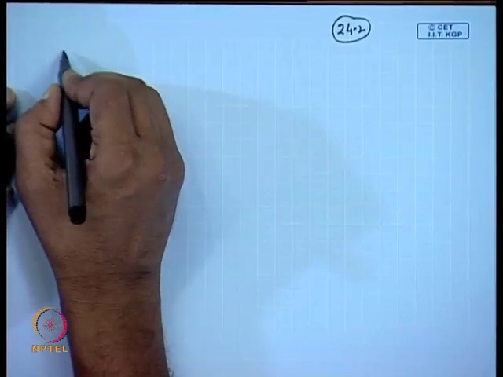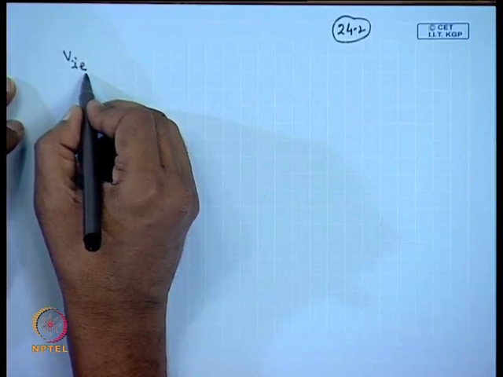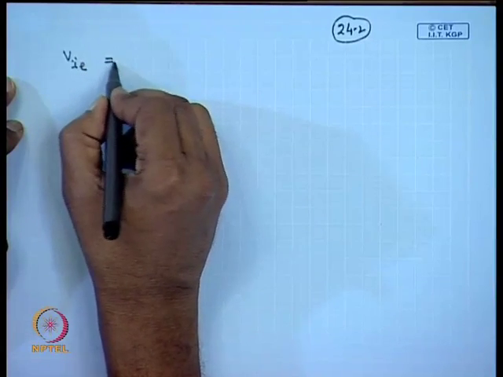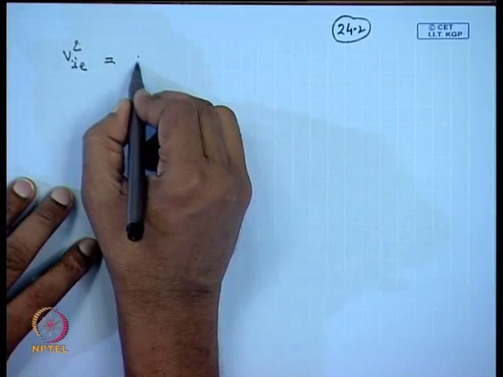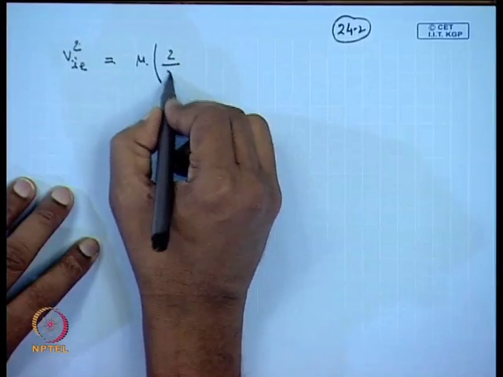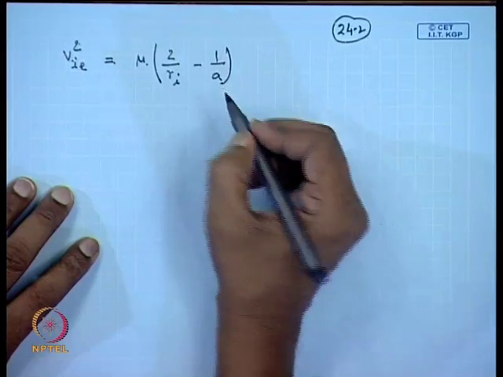So, we will have now V_Ie, dropping the subscript A. V_Ie squared is equal to mu times 2 by r_I minus 1 by a.